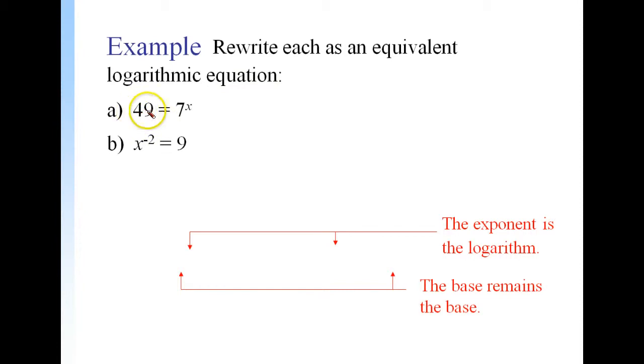Now, 49 is what in relationship to 7? Can you all see it's going to be 7 to the second? So then, what does x equal? X will equal 2.